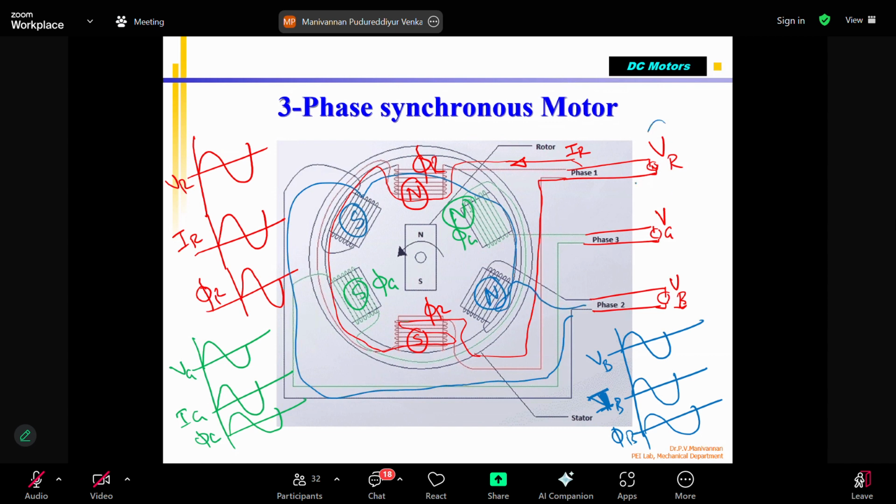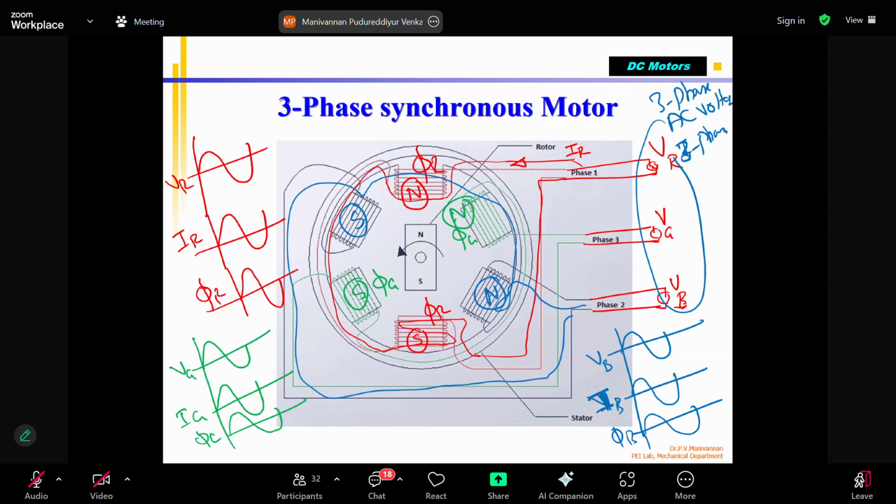So we are giving a 3-phase AC voltage to 3 coils. Because of that, three-phase current is flowing. And when current is flowing, the next slide is going to show that the voltage does not remain constant.